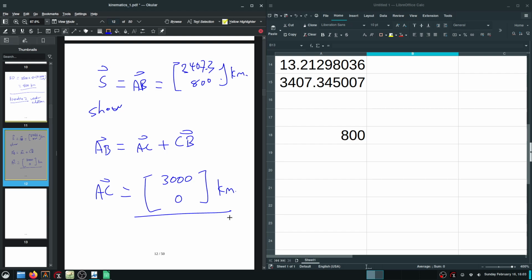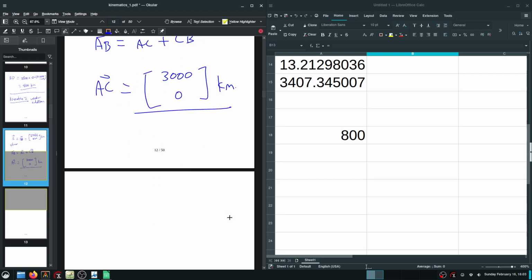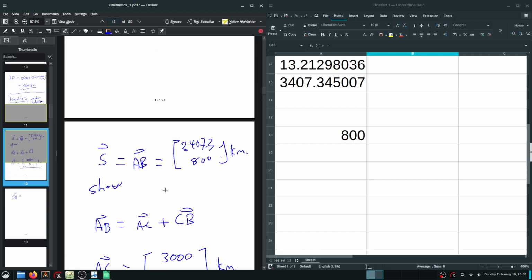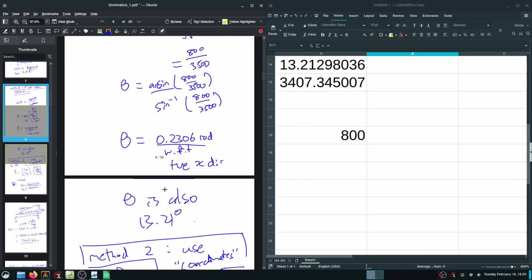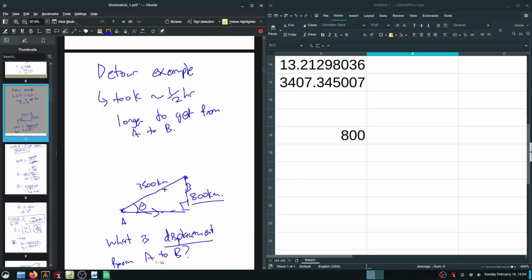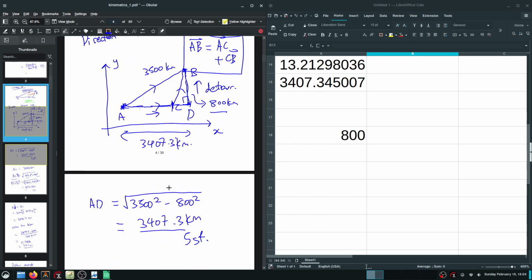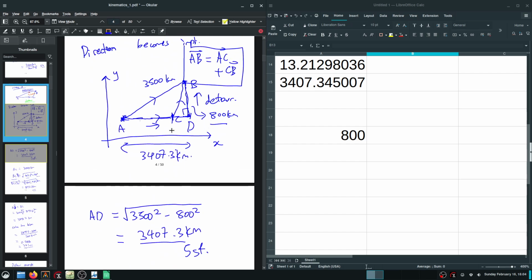It's not very complicated. Now, how do you write vector CB? Vector CB equals what? Where's the triangle diagram? Always go back to a triangle diagram, very important. For vector CB, again I want to represent how much it goes in the x direction.